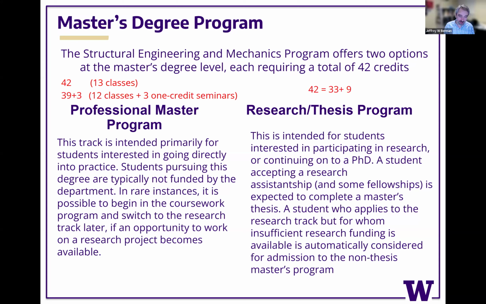For University of Washington students who did their bachelor's degree in our department, we pretty much automatically accept everyone with a 3.2 GPA and above into the professional master's program.